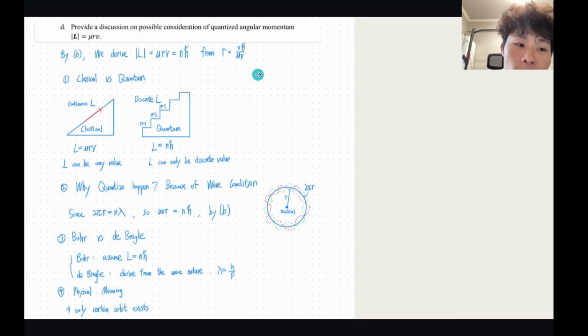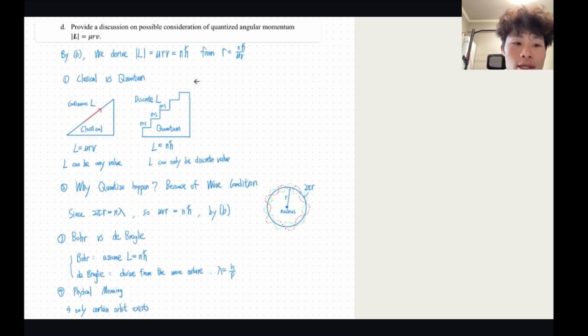By question B, we just derived the angular momentum of the electron, L equals mu RV and equals n h bar. And now, we will discuss the possible consideration of quantized angular momentum.